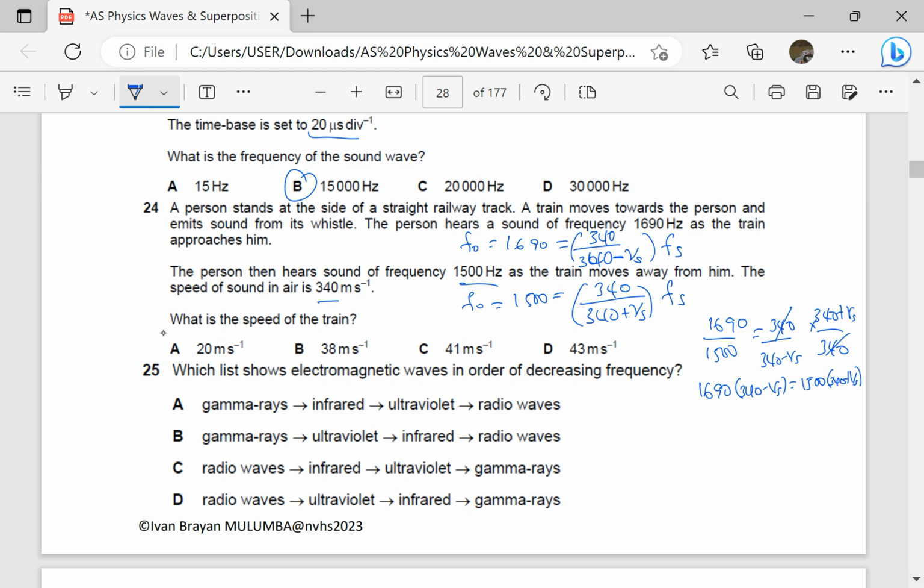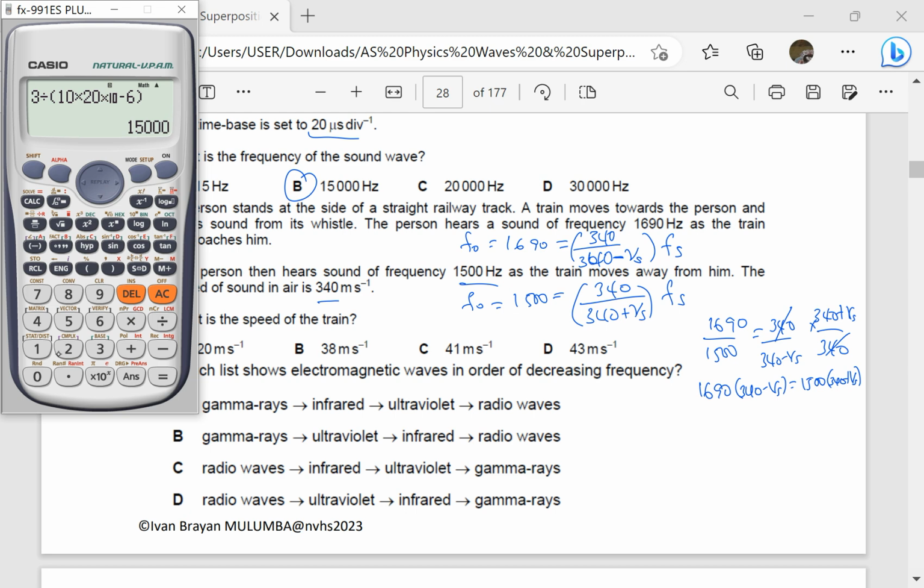So we just open the bracket and collect like terms. Opening the bracket, I'll have 1690 times 340.